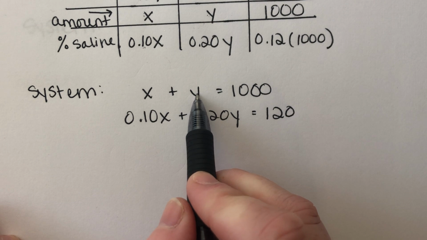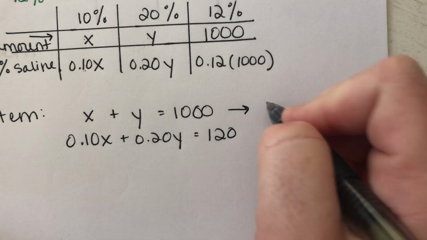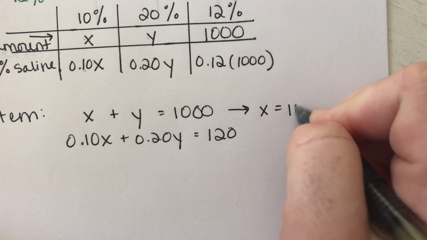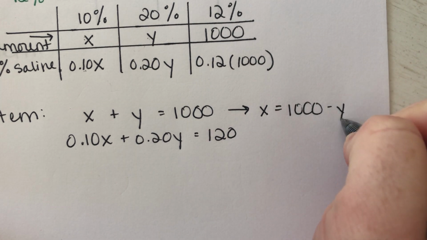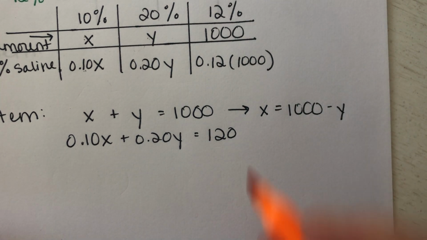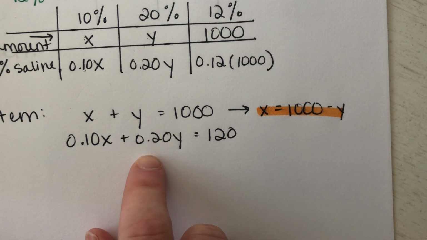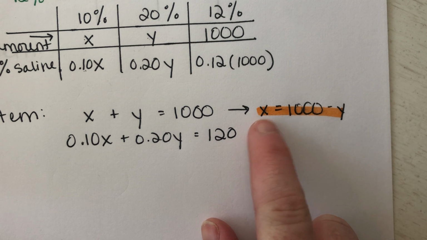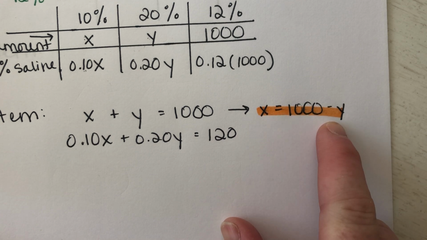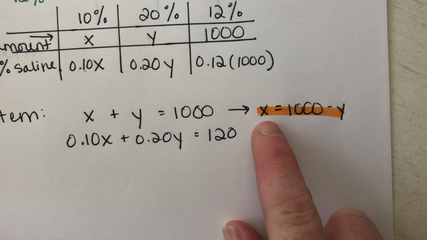So all I'm going to do is subtract Y from both sides here. So I'm going to have X equals 1,000 minus Y. That's going to be my tool equation. And I'm going to use that in this equation. So wherever I see an X, I'm going to replace it with 1,000 minus Y because they're equal.